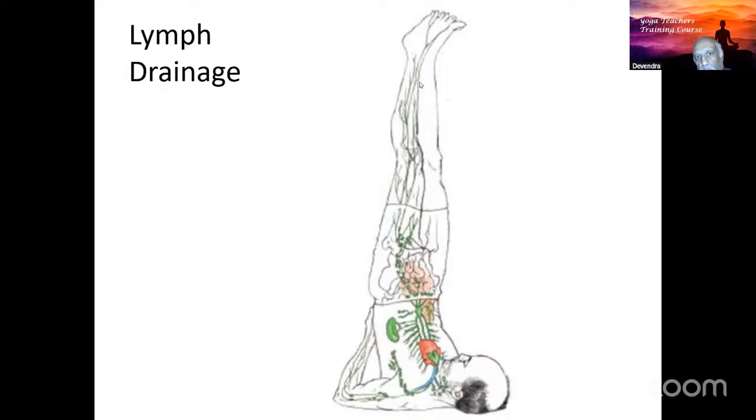So when you do this, all those dead cells, decayed cells and recycling material come all the way back, go to the heart and rejoin your circulation. So one of the advantages of the shoulder stand, amongst other things we heard about with the neck and the thyroid and the brain and blood flow in the heart, is this lymphatic drainage.